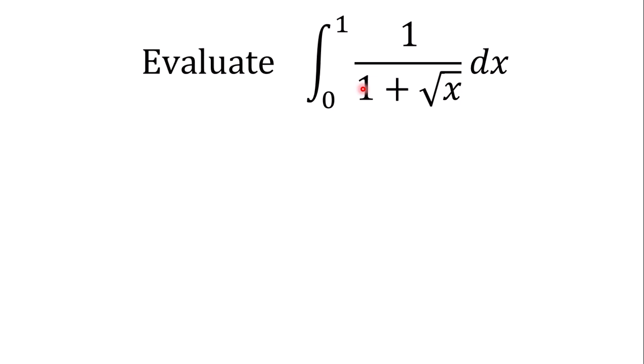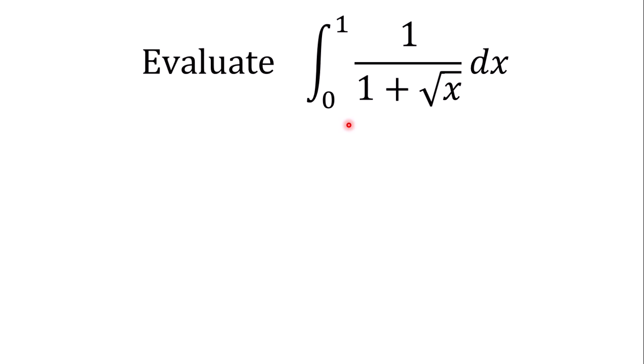As I said, you are going to use the U substitution approach to evaluate this definite integral. But how is the U substitution going to be done? Well, you can use the U substitution in two ways.